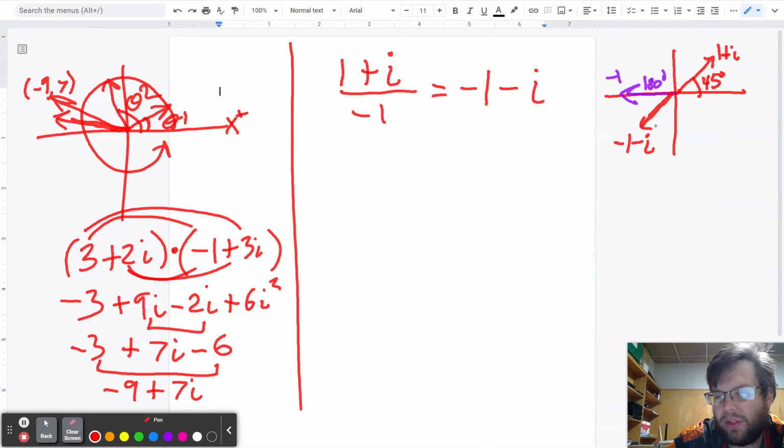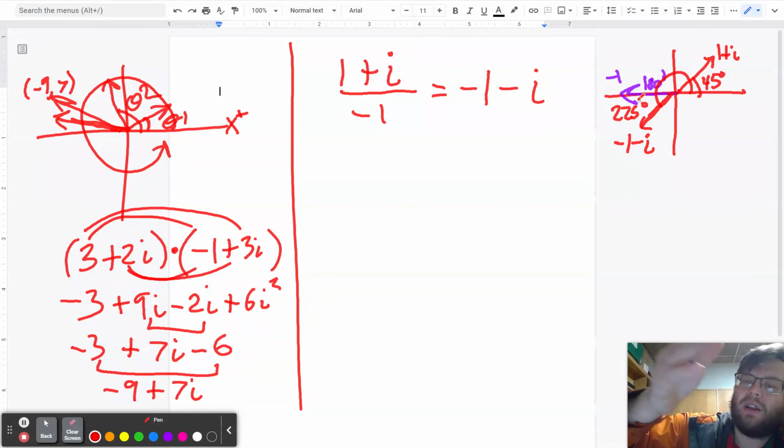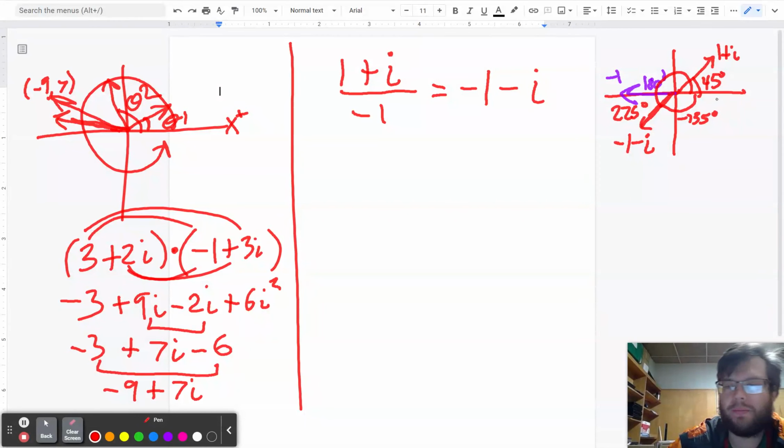Think about what angle that one has. That's kind of weird. That has a 225-degree angle because it's going 45 degrees past 180. Or you can think of it as having a -135-degree angle. Okay, that's one example.